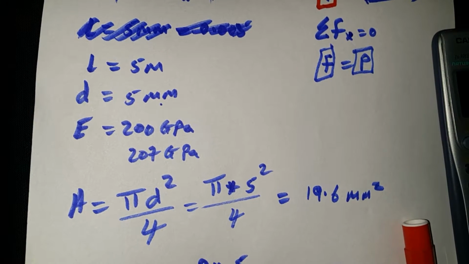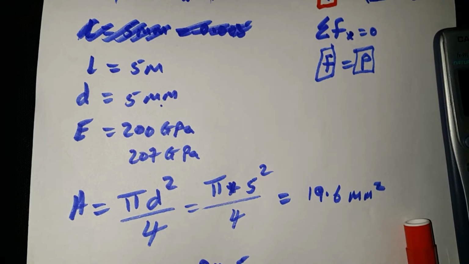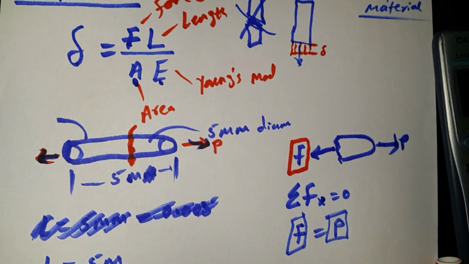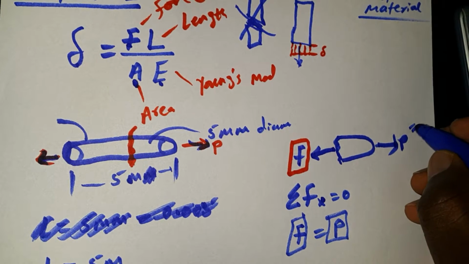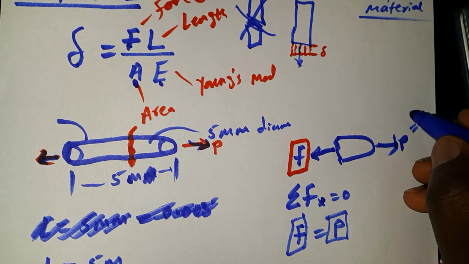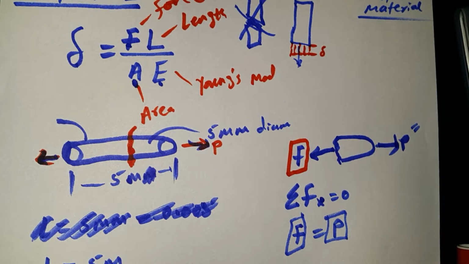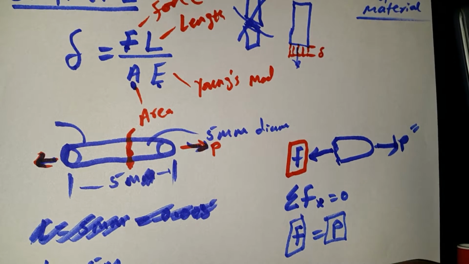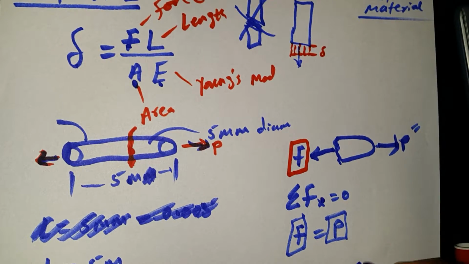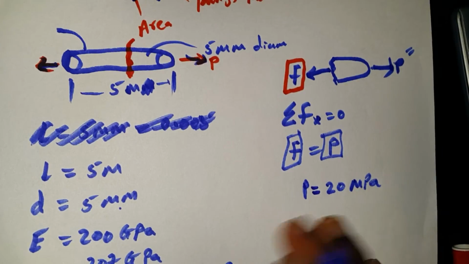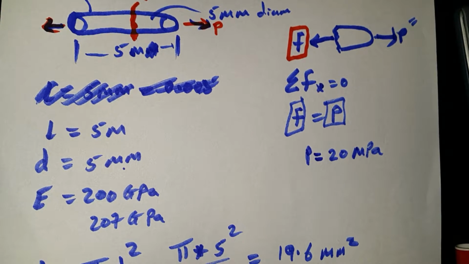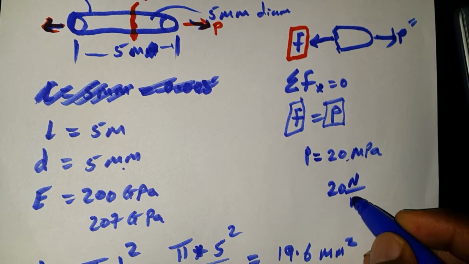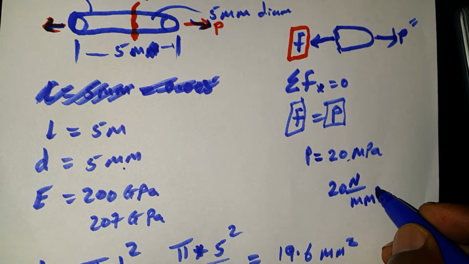So from here we found our F as P. Let's say that our P is given, let's say it's 20 megapascal. So from here we know that it is 20 Newton per millimeter squared.